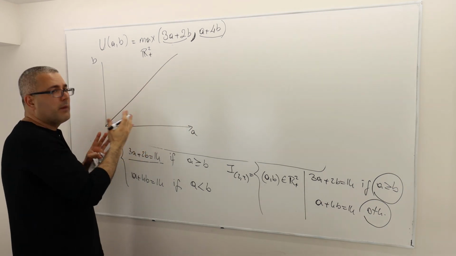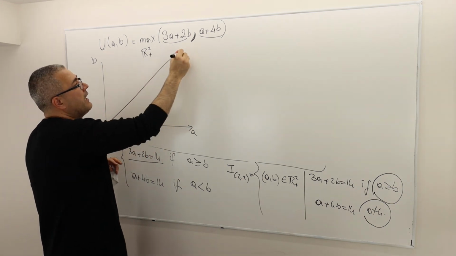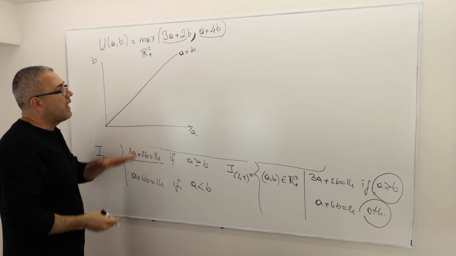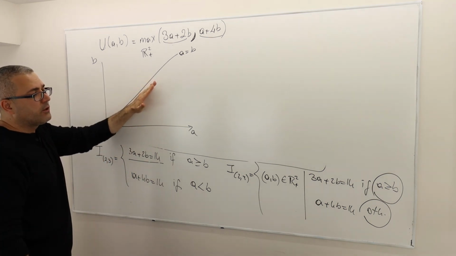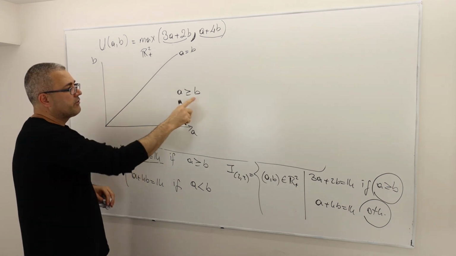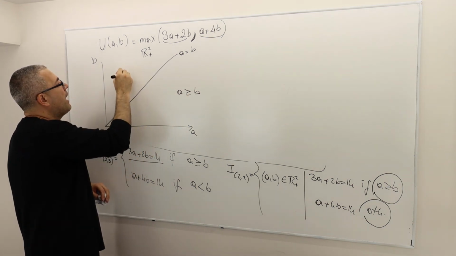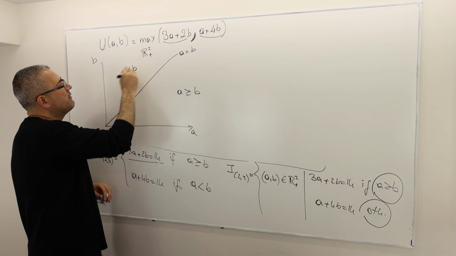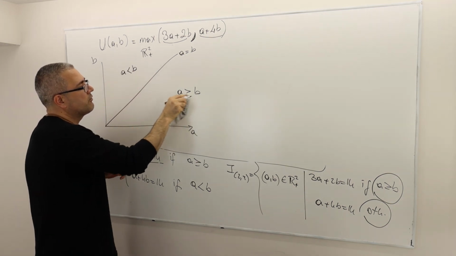Dividing this space is the line A equals B. One region is where A is greater than or equal to B, and the other is where A is strictly less than B. Oh, this is strictly greater than, I'm sorry.